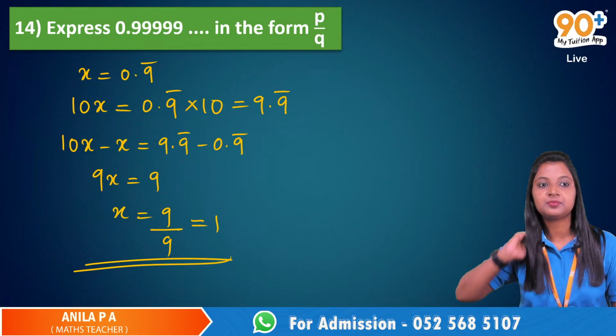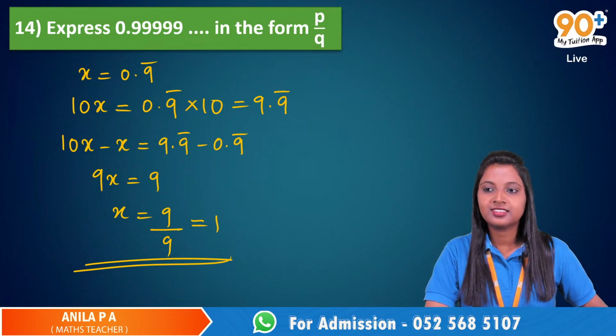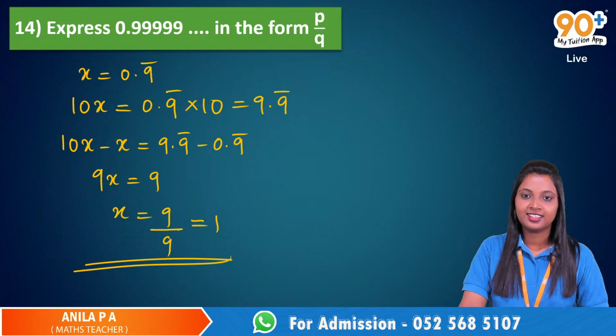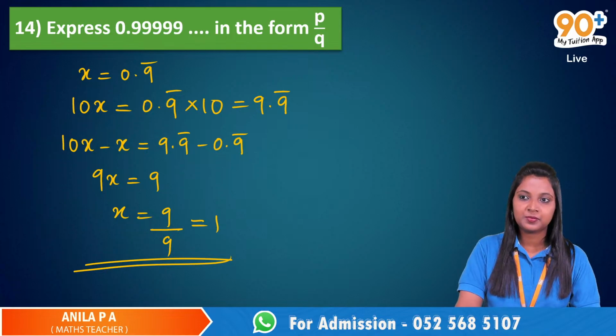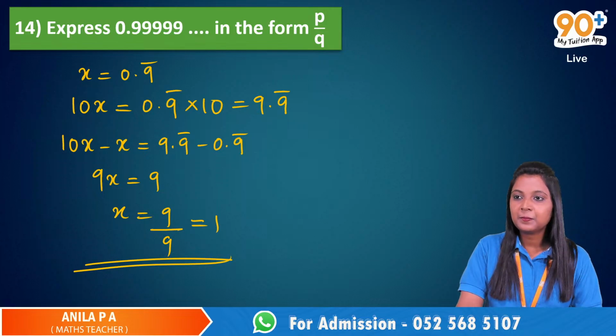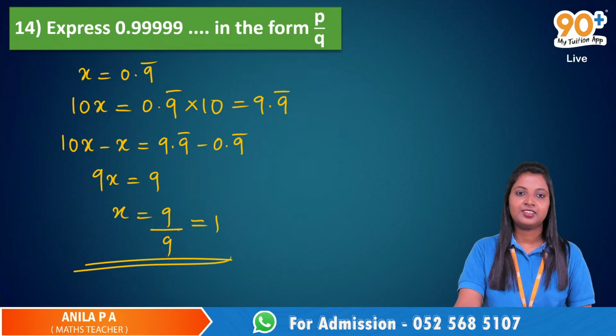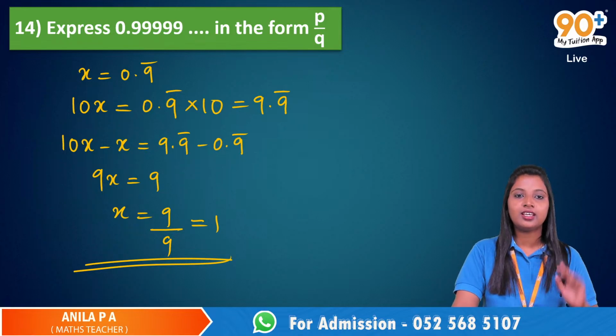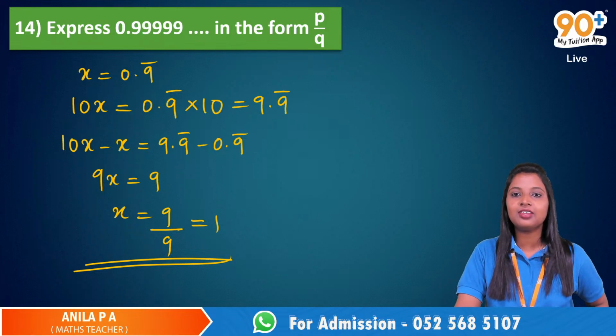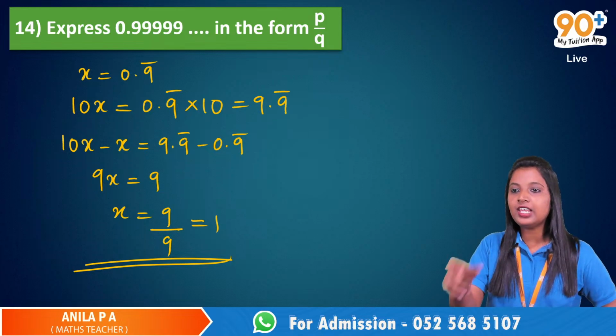Ma'am, it could be 90. If you are multiplying it with 100, again 90 by 90, anyway, you will get the value of x as 1 only. The value is so minute.